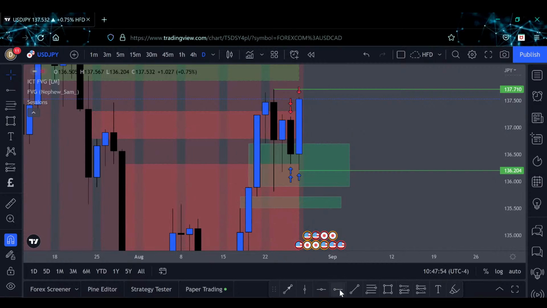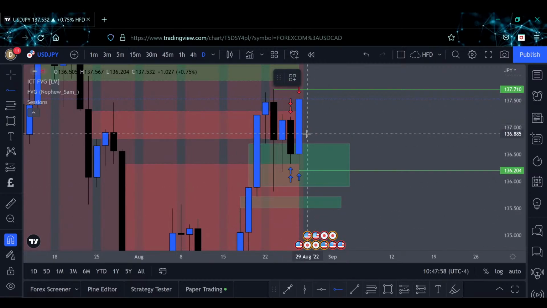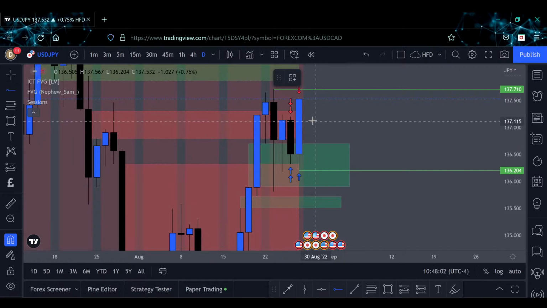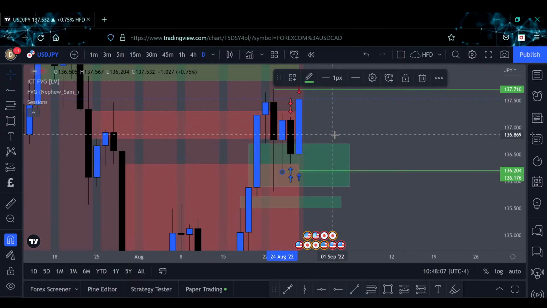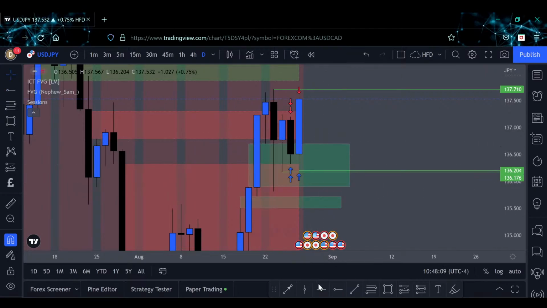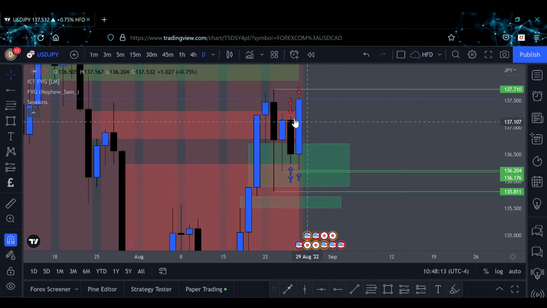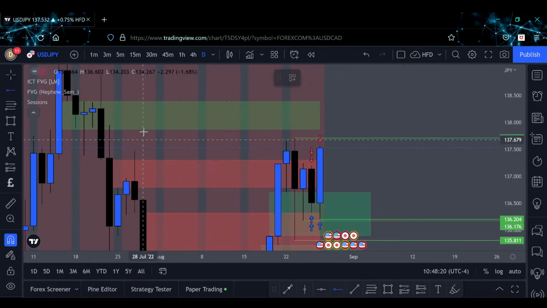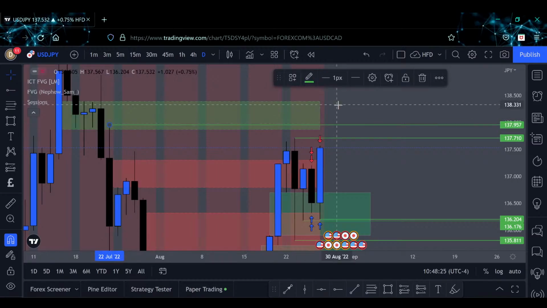You've got a low for that day, which will obviously change when the new day starts on Monday, Sunday night. Liquidity there, and liquidity here. Two highs have been taken by this move. So for upside, here, here and here.